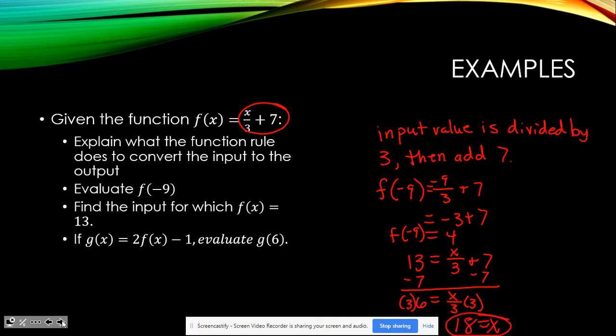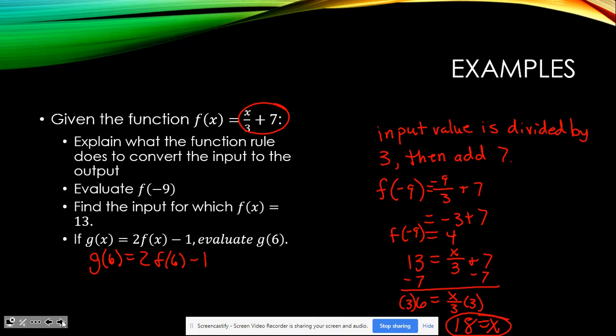And finally, and I'll do this right underneath it, if g of x is equal to 2 times f of x minus 1, evaluate g of 6. So g of 6 is equal to 2 times f of 6 minus 1. So now we've got to go back to f of x and find out what f of 6 would be.